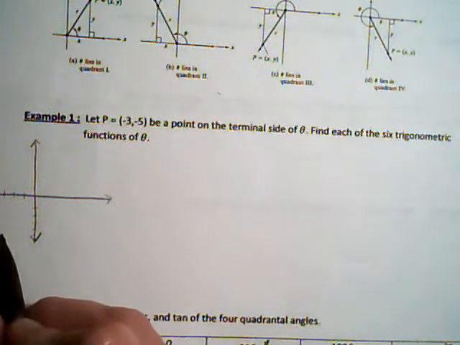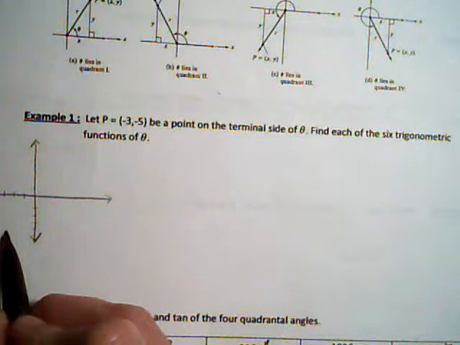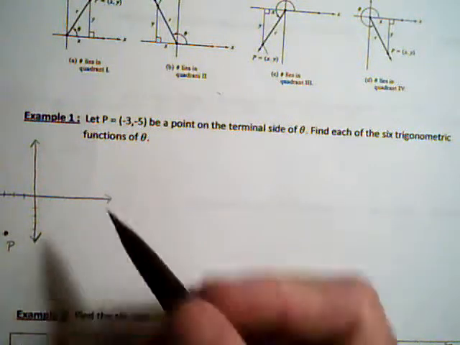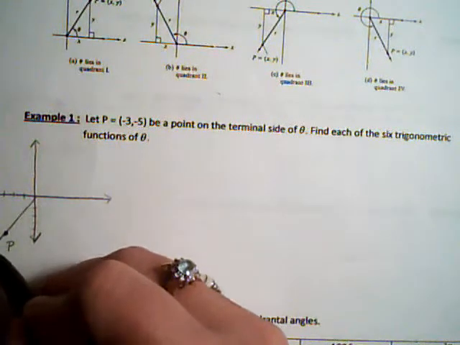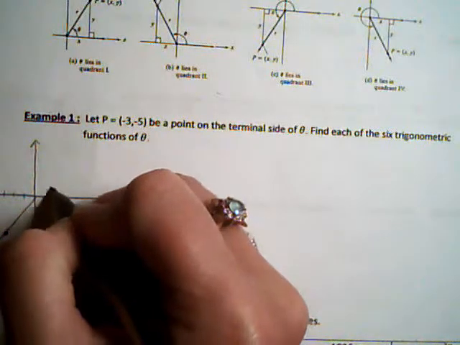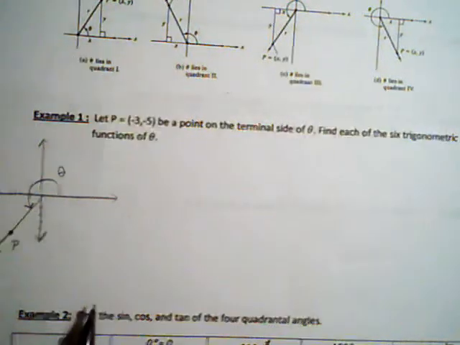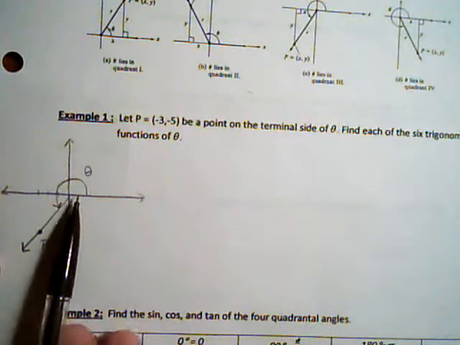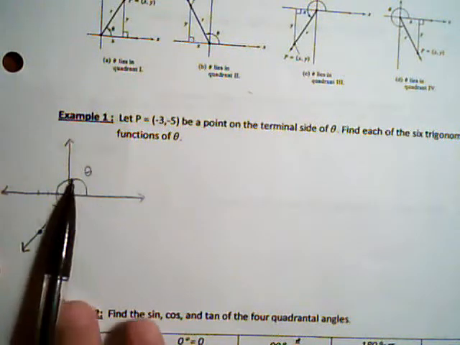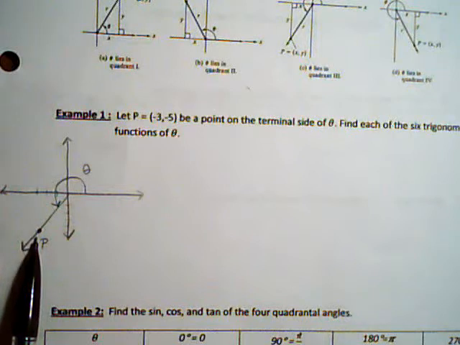I'm just going to estimate that here. This is point P. So the angle that I'm referring to is here. Remember, in standard position, that's from the positive x-axis around to my terminal side.